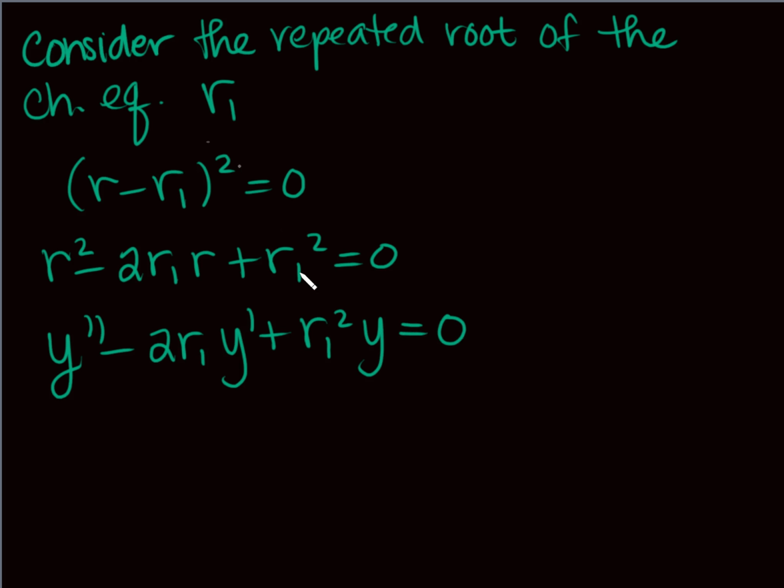Okay, so this r sub 1 must have come from the characteristic equation for this differential equation right here. So here's what we're going to do. We are going to pick a solution that is linearly independent. One of the solutions obviously is going to be e to the r1 x.